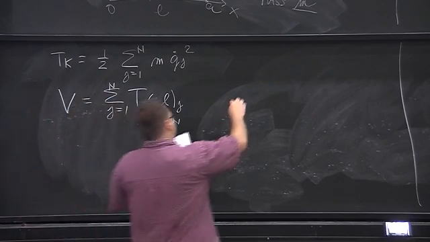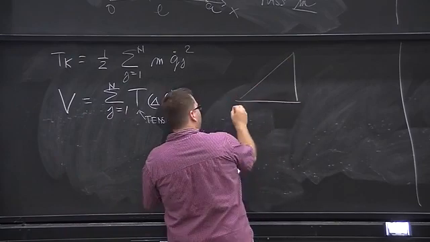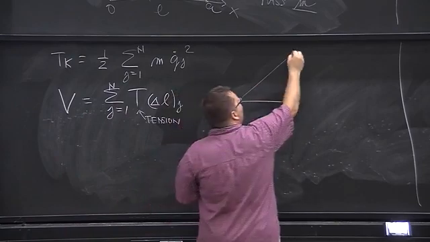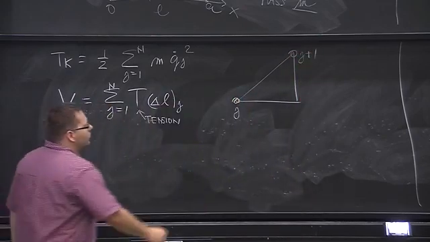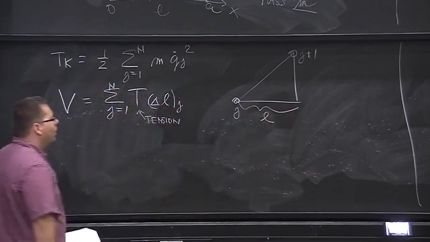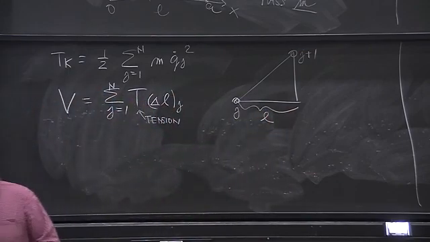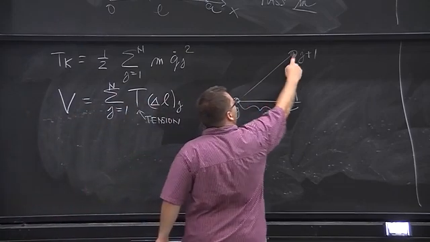What I mean by this delta L is that, let's say, this is my jth bead, and this is my bead j plus 1. Then the original distance between them was L. But now this distance actually got increased. Now the distance between them is this one here.